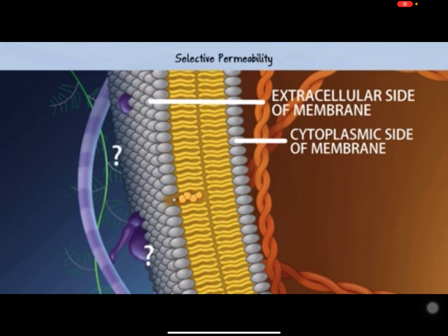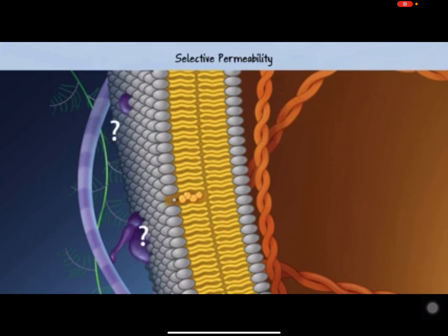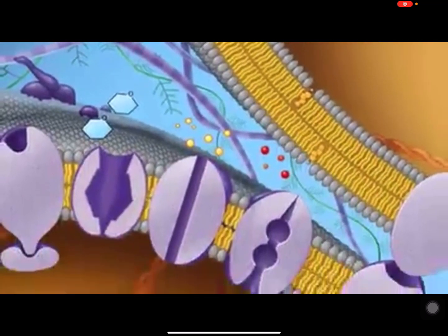What substances do you think would have a hard time crossing a membrane? Larger polar molecules, such as glucose, and charged ions, such as sodium, can't cross on their own. They need the help of specific transport proteins to pass through a membrane.